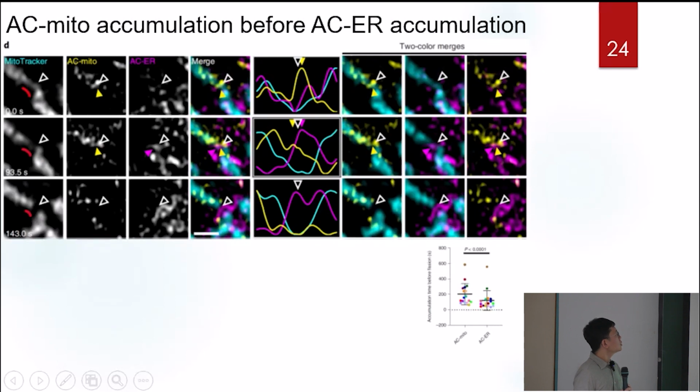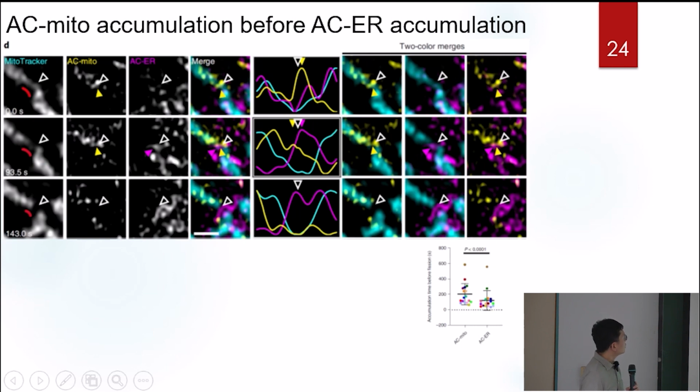I think the interesting part is this one. They find that AC mito indeed accumulates before ACER. So this is mitochondria. Before mitochondrial fission, you can see the AC mito signal first, but you don't see the ACER signal.